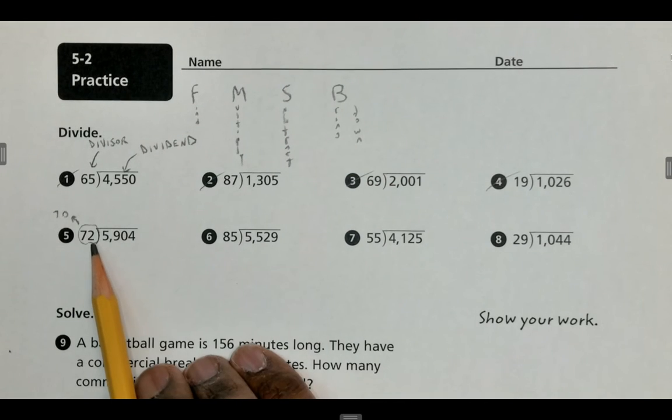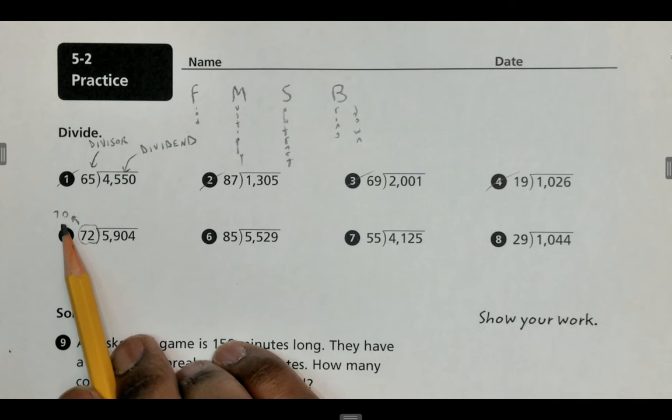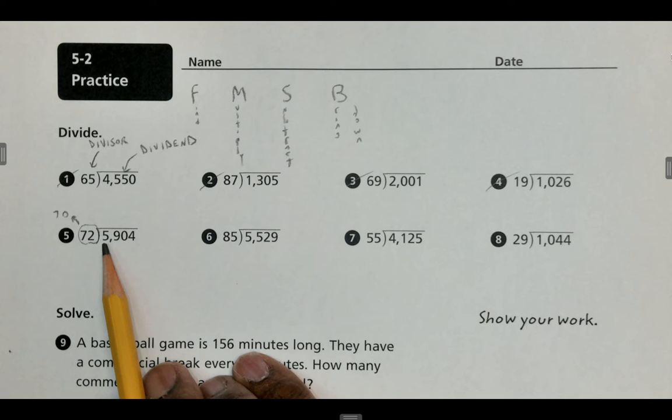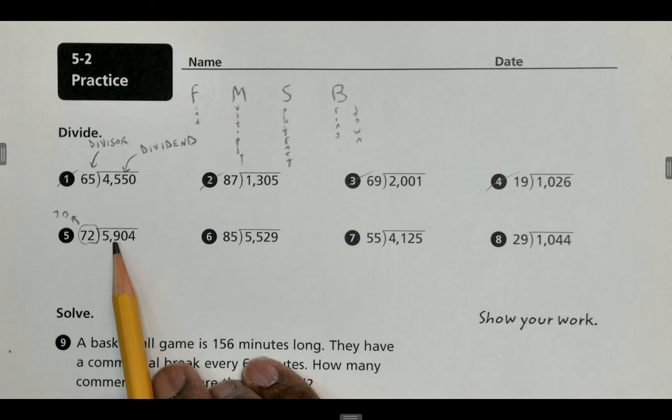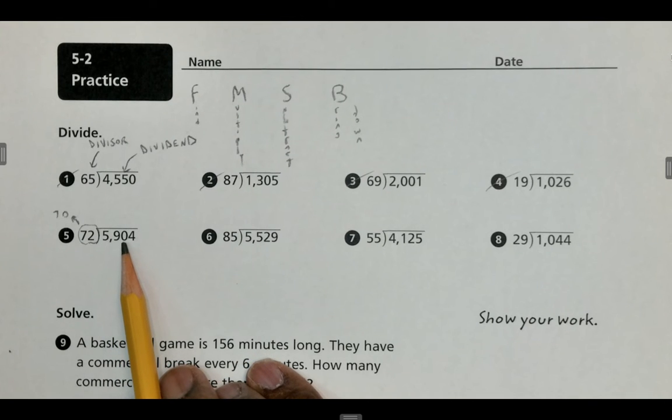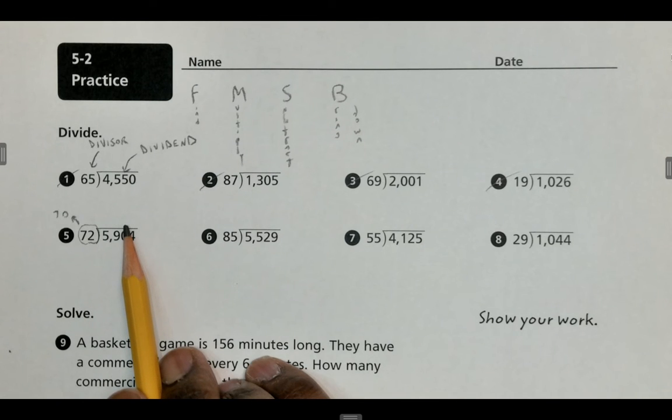And let's get started. So 72 is close to 70. I'm going to find how many times 70 goes into 5? No. How many times 70 goes into 59? No. How many times 70 goes into 590? Yes. And whatever I land on, that digit is going to line up right above this 0.